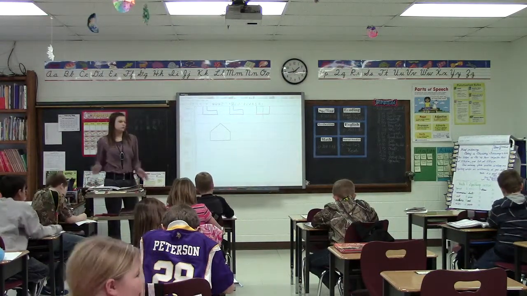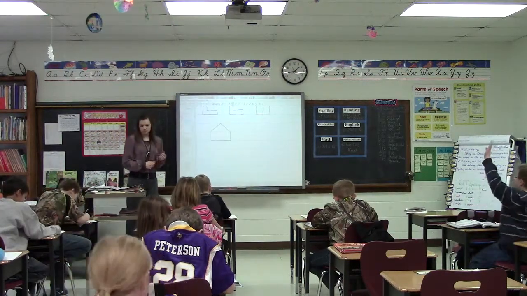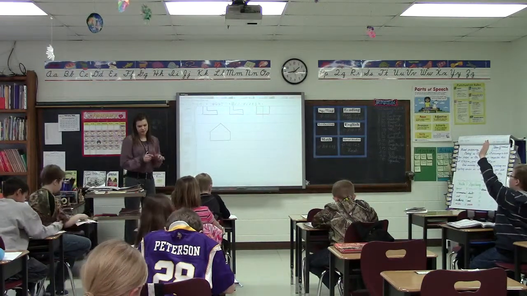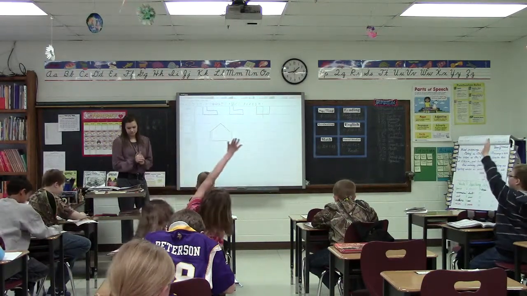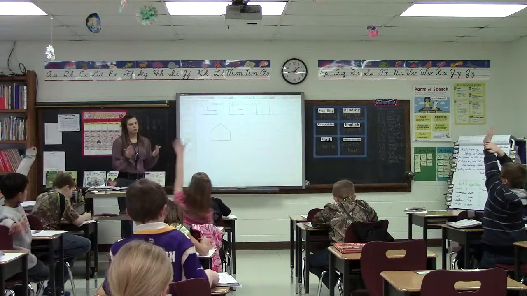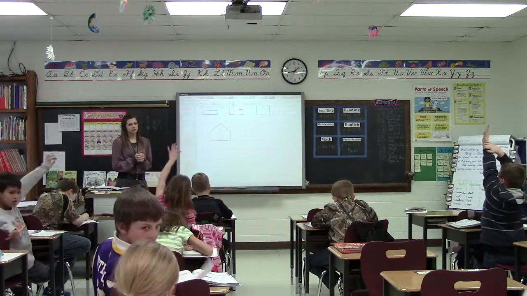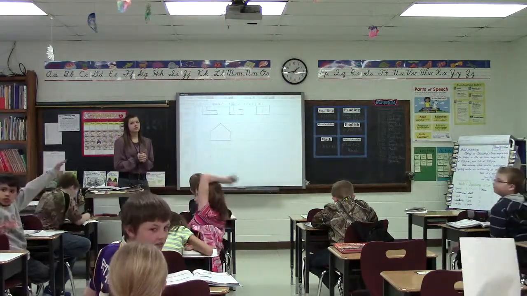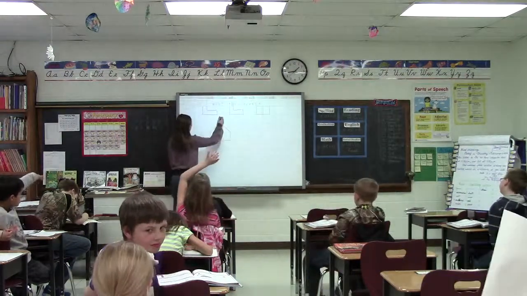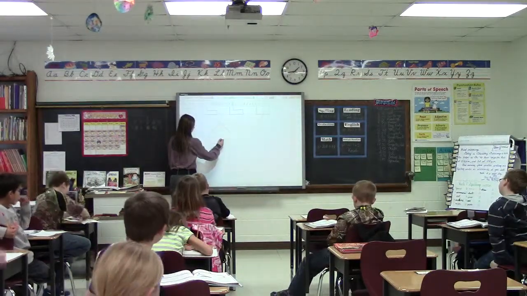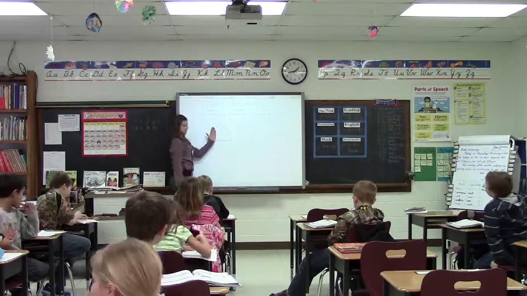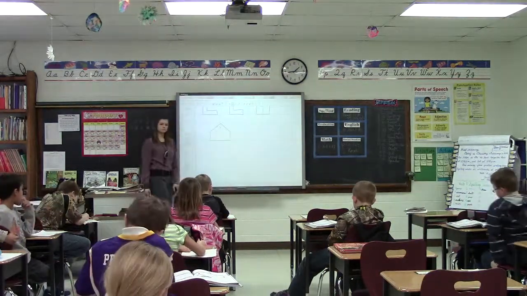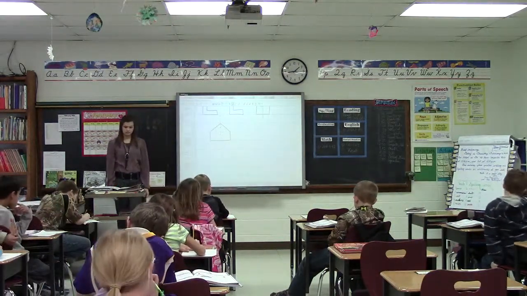Who can tell me where we could split that to make both sides the same? Victoria. Up and down in the middle. Is this side the same as this side? Yeah.